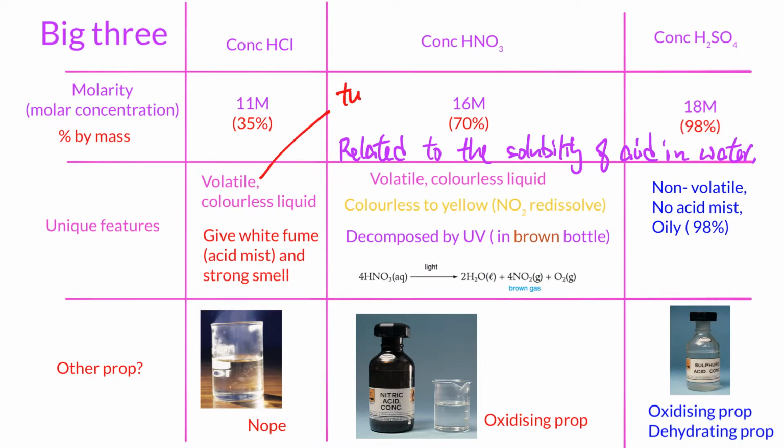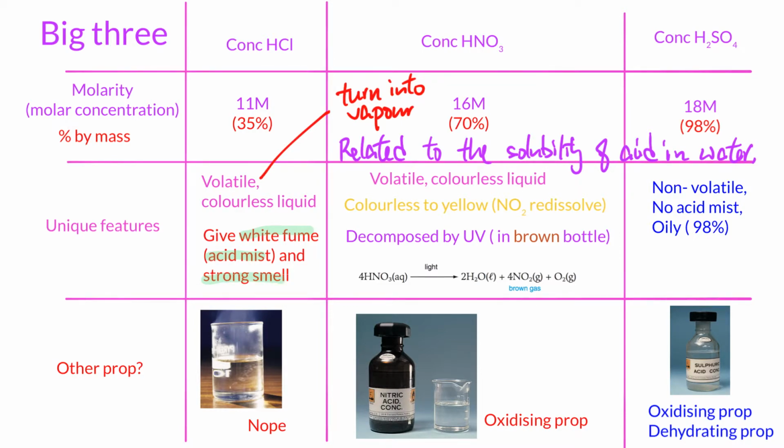Because it can turn into vapor, you will see that they may give out some acid mist, a white film. And because it can be turned into vapor, it can get into your nose easily, so you will also smell a very strong smell.